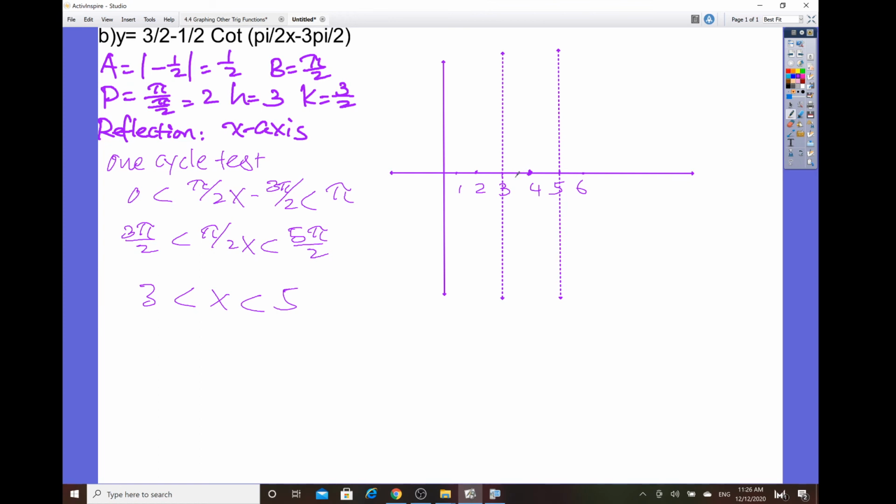So this one's supposed to be 1, but now it's 1/2. Okay, so this one is 1/2, 1. And then let's see, because this one you need to add 3/2 up.